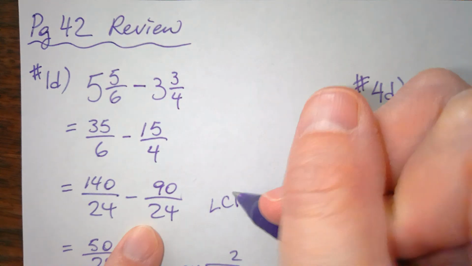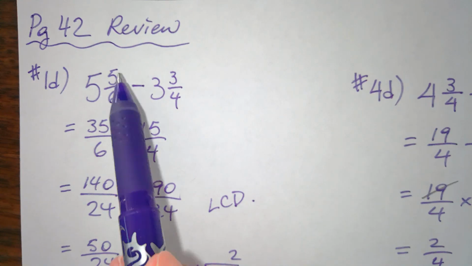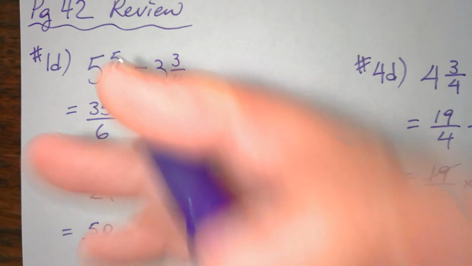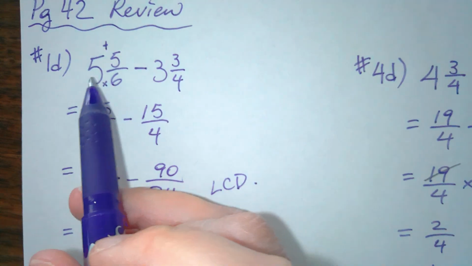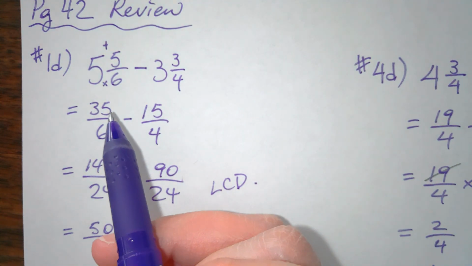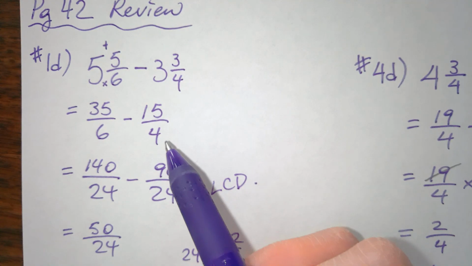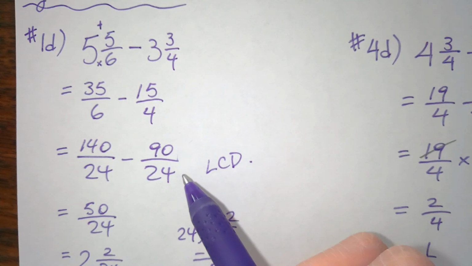I need LCD, lowest common denominator. So, yes, first step to do so, I'm going to change it to an improper fraction. Okay, so remember multiply and then add. So then 30 plus 5, I get 35. Okay, and then from here, I can see that between 6 and 4, my lowest common denominator is 12.